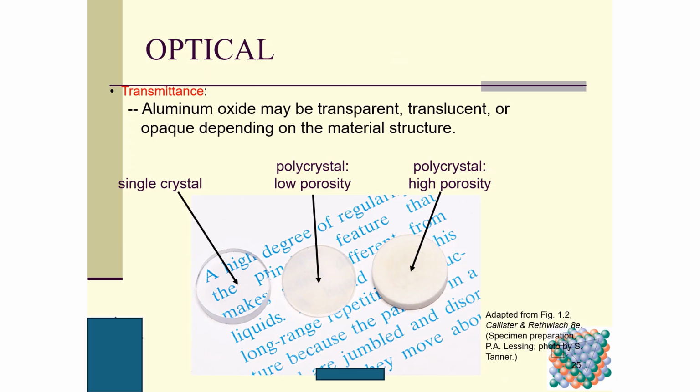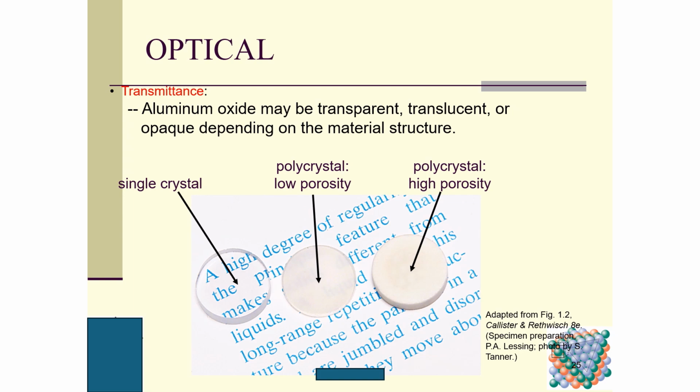So regarding optical, this is transmittance. Aluminum oxide may be transparent, translucent, or opaque depending on the material structure. For example, a single crystal is transparent.